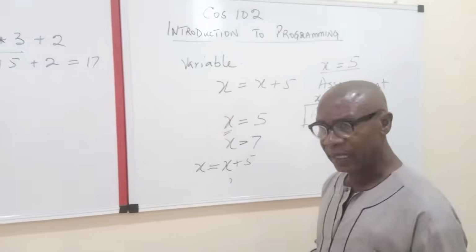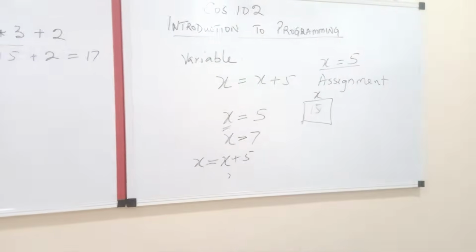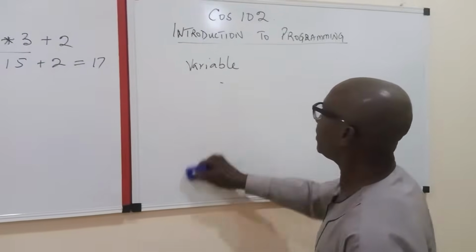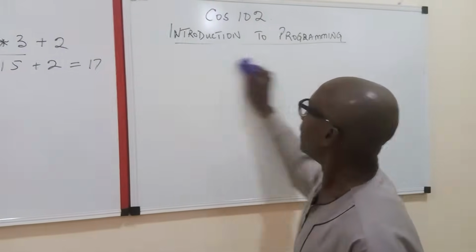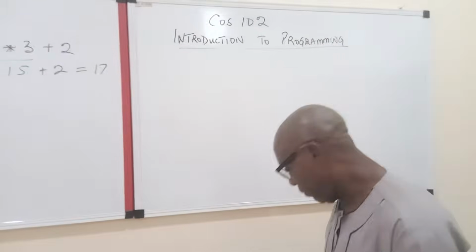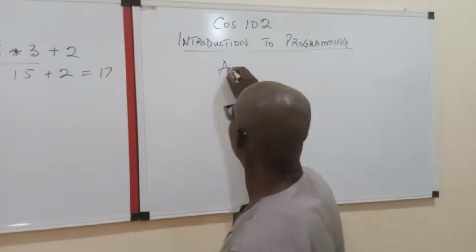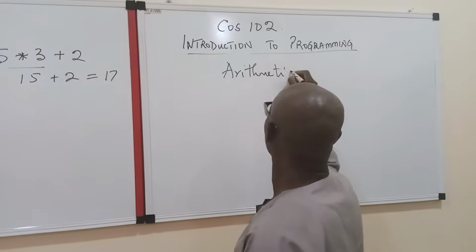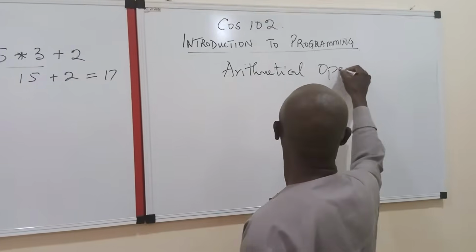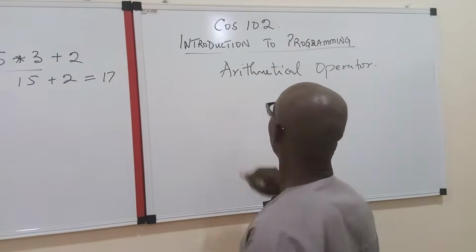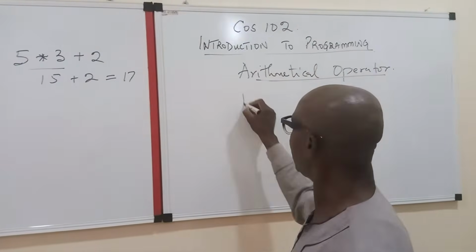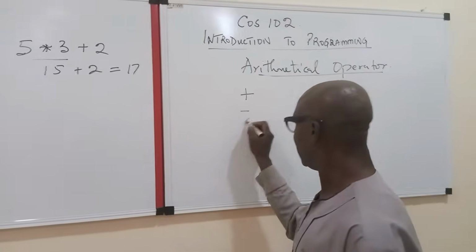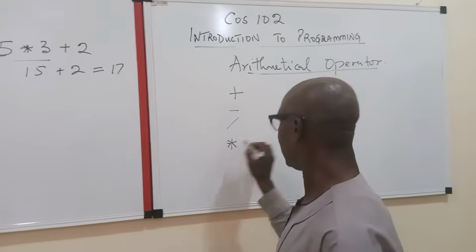Now, after we talk about that, there are other operators we have to differentiate. If you look at arithmetical operators, in the arithmetical operators, you have addition as in adding plus, subtraction, division, multiplication.